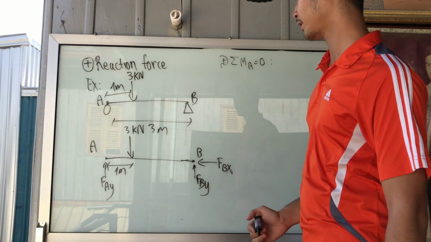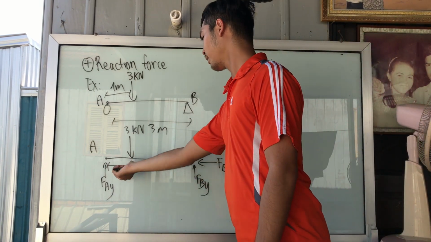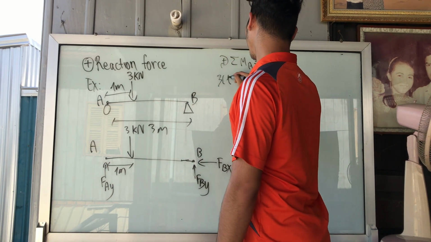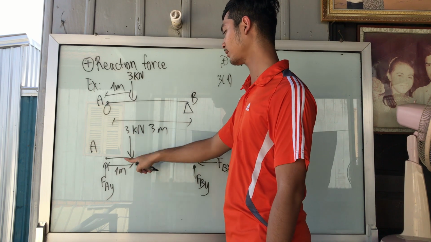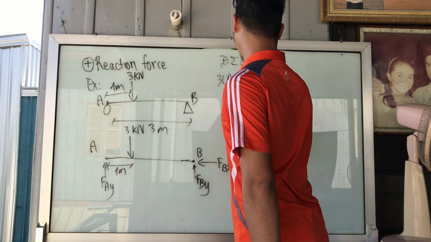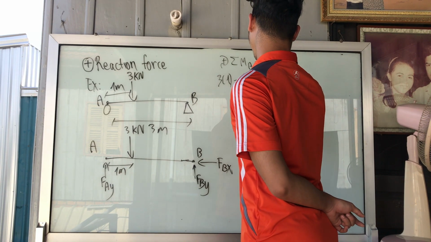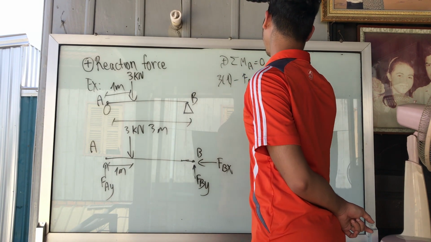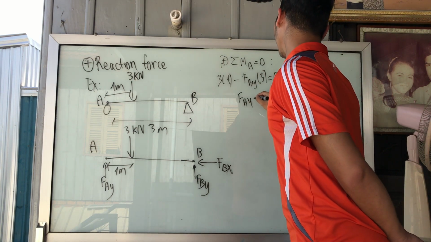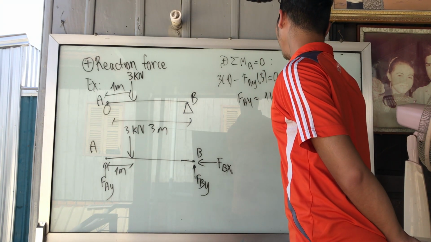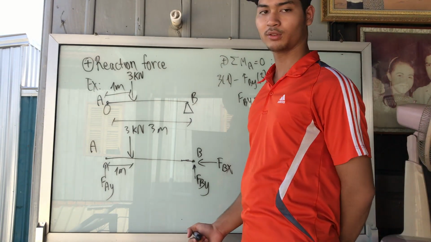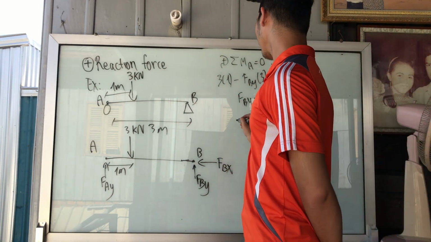Then I get 3 times 1, this force times the distance, minus FBY times 3 equals 0. Find FBY. We get 1 kilonewton.